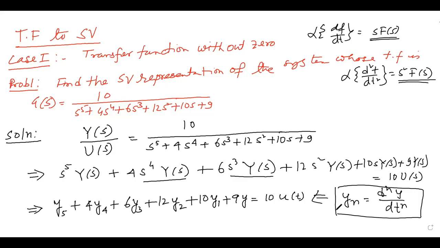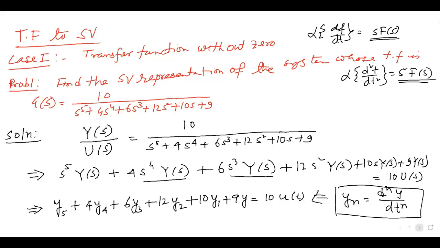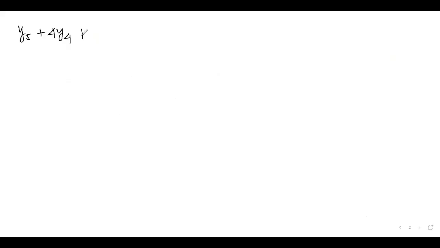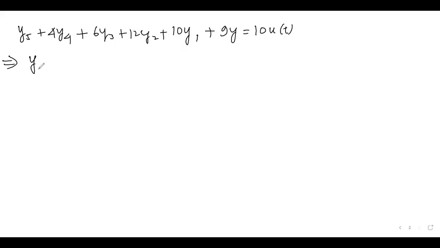All right. Now we have the differential equation. If we know the differential equation, we can easily represent it in state variable form. The differential equation we have is y5 plus 4y4 plus 6y3 plus 12y2 plus 10y1 plus 9y is equal to 10u(t). Now we keep the highest derivative on the left hand side.